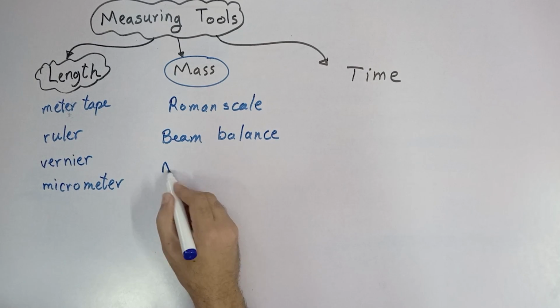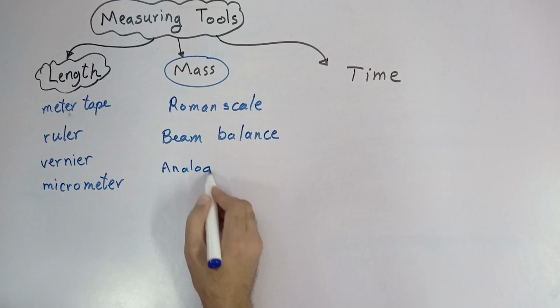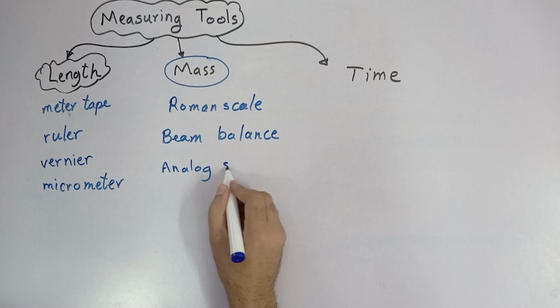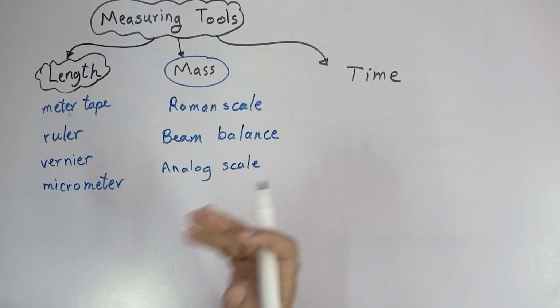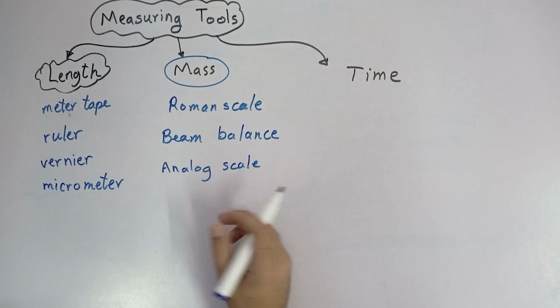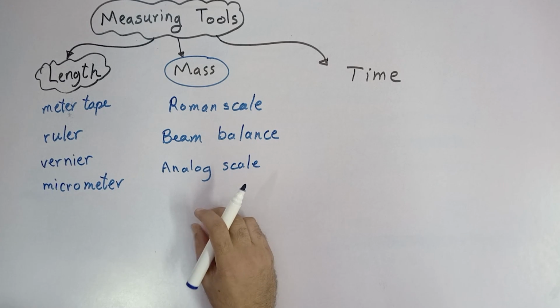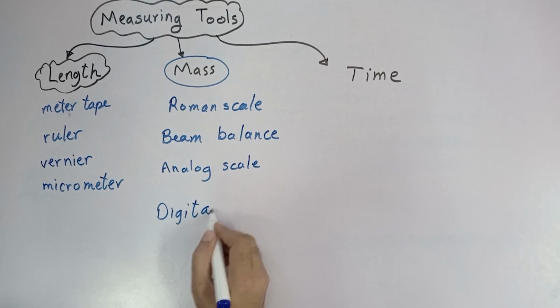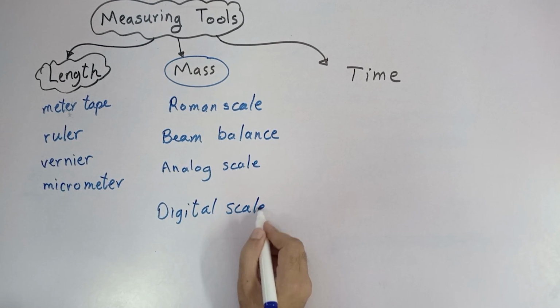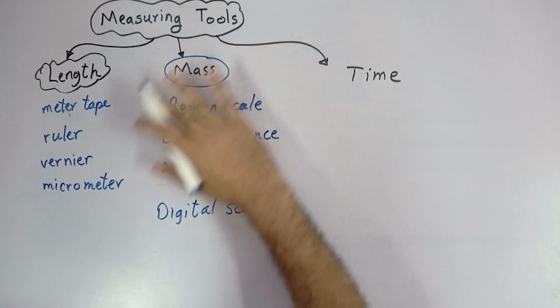You can use an analog scale, or a kitchen scale or bathroom scale, and a digital scale. These are tools to measure mass.